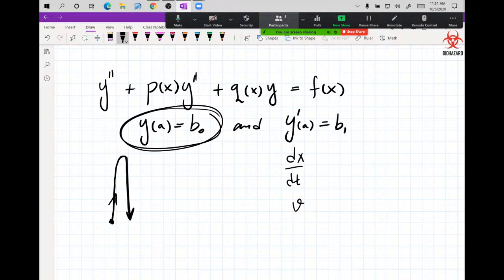So this b0 is the height from which you toss, the release. And then b1 is the speed. How fast were your arm and your hand that holds the rock moving through the air? Your initial velocity is the speed at which your arm and hand move.